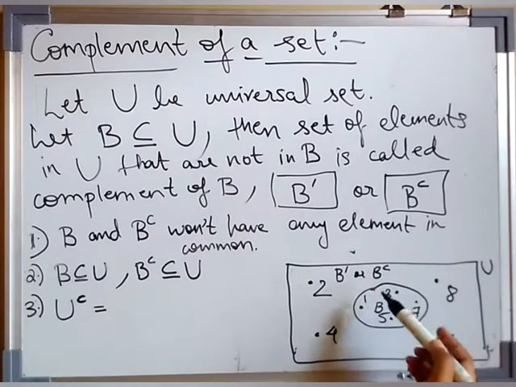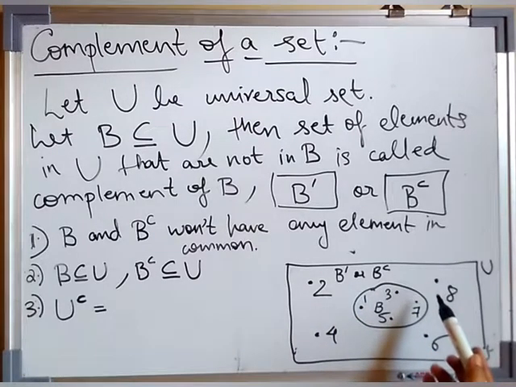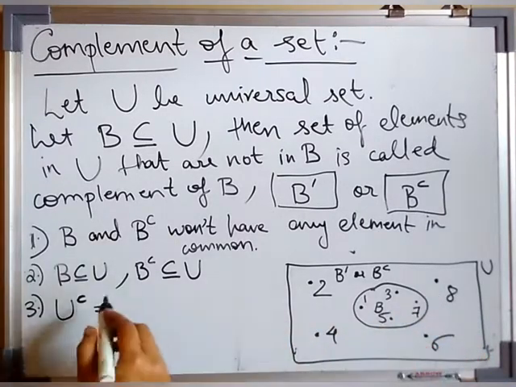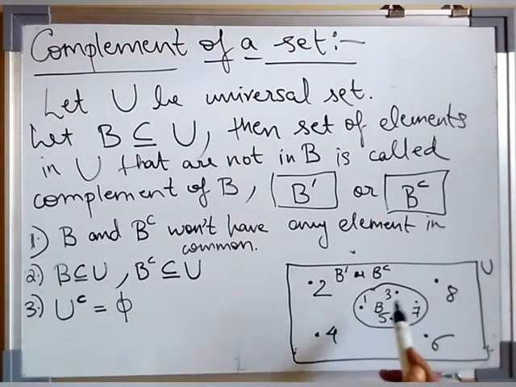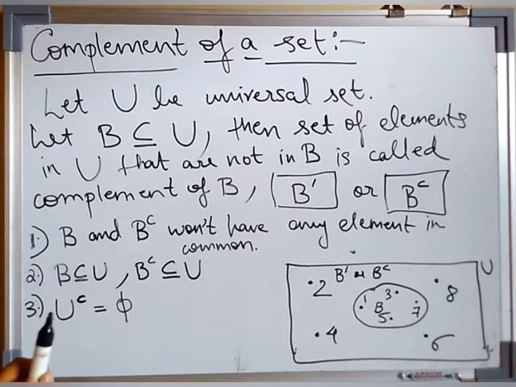Now what will be the complement of it? It is the null set. There is no element which is outside of U and within U. How can it be possible that the element is not in U and the element is in U? That means it is the null set.